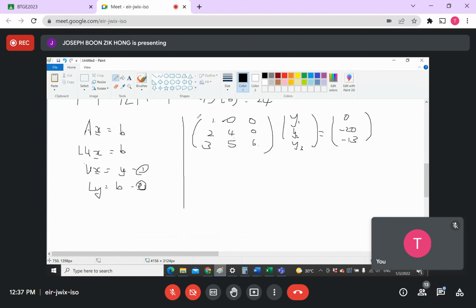So 1 times y1 equal to 0. So y1 equal to 0. 2 times y1 plus 4y2 equal to negative 20. So that means y2 will be negative 20 divided by 4, negative 5. And then 3 times y1, which is 0, 5 times y2, which is negative 25, plus 6y3 equal to negative 13. So y3 will be 2.